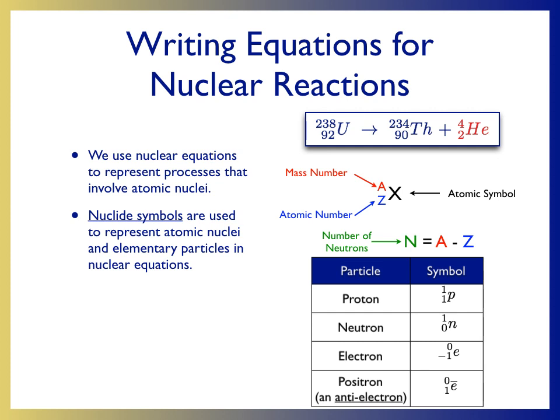If you're not sure what antimatter is, it has all the same properties of regular matter, except all the charges are reversed. Therefore, an anti-electron would have a positive charge because electrons have a negative charge. In this unit, we'll give the positron a symbol of a lowercase e with a line on top of it. The mass number for the positron is also 0, but the charge on the positron is a +1.